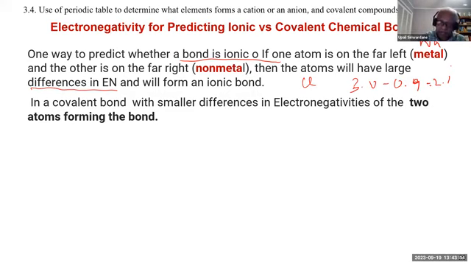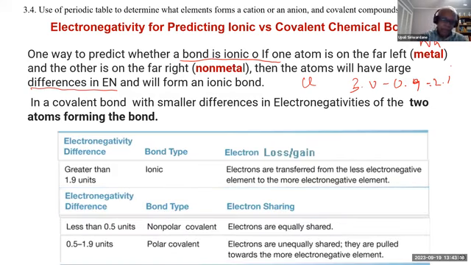So there are exact values. If that difference is greater than 1.9, that's an ionic bond. Lose or gain electrons.